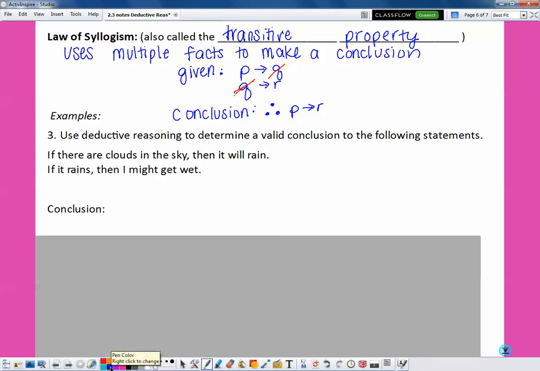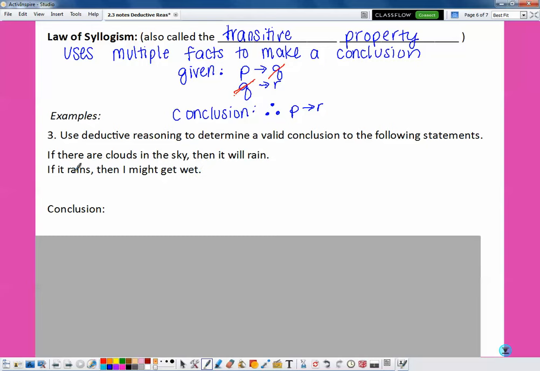So, in number 3, let's use deductive reasoning to determine a valid conclusion to the following statements. Law of syllogism is a type of deductive reasoning. If there are clouds in the sky, then it will rain. If it rains, then I might get wet.